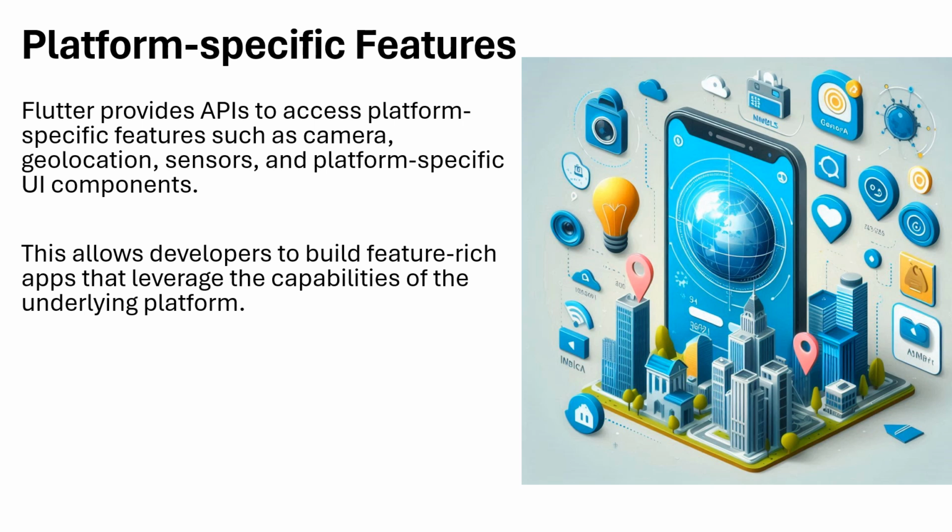These are hardware devices which could be there in iOS or in Android. How we access these hardware devices will be different. iOS is a different operating system, so it will have a different way of accessing the hardware. Android is a different operating system, so it will have its own way of accessing. So Flutter provides API access for each of these platform specific components, and this allows developers to build rich apps that are very efficient and leverage the capabilities of the underlying platform.